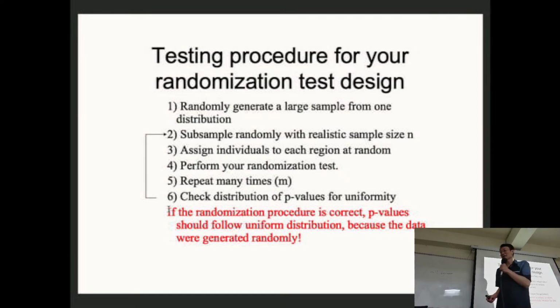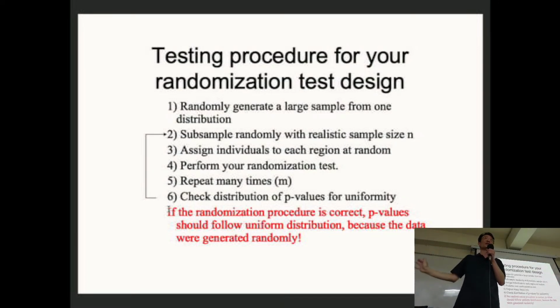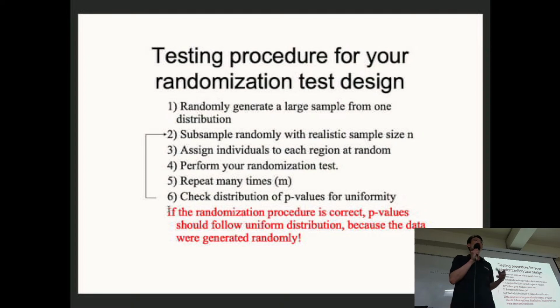Okay, and then I like to talk about testing the procedure of your randomization test design. Because keep in mind, in a very simple example, we talked about ANOVA and chi-square. That sampling design is very simple. Suppose we have a very complicated sampling design, and then we want to carry out a randomization test, but you are not 100% confident whether your randomization procedure is correct or not.